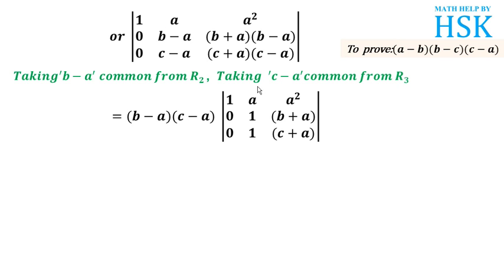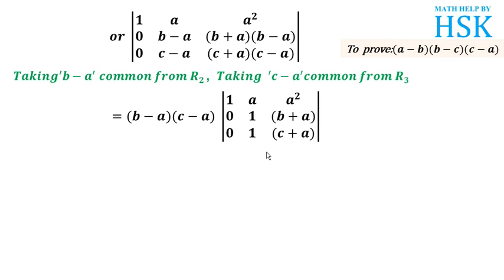Taking b − a common, here it would be 1 and b + a. Similarly, taking c − a common, here it would be 1 and c + a. Now the determinant has been simplified into a very easy form.